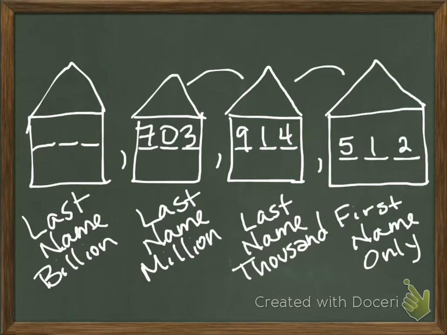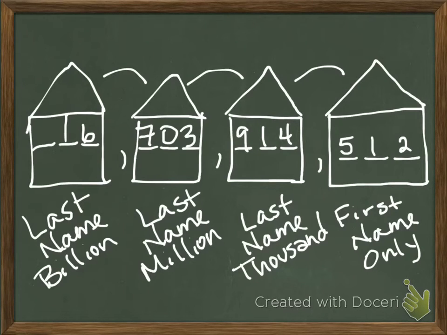Let's say that I have a 6 right here. Then I would have 6, last name, Billion, 703,914,512. All right, if I put a 1 right here, I have 16,703,914,512.